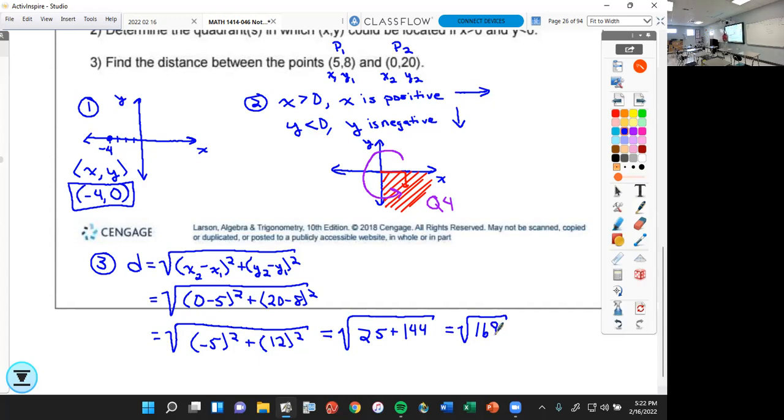Use your calculator if you need to, but hopefully you realize that the square root of 169 is 13. So the points 5, 8 and 0, 20 are 13 units apart.